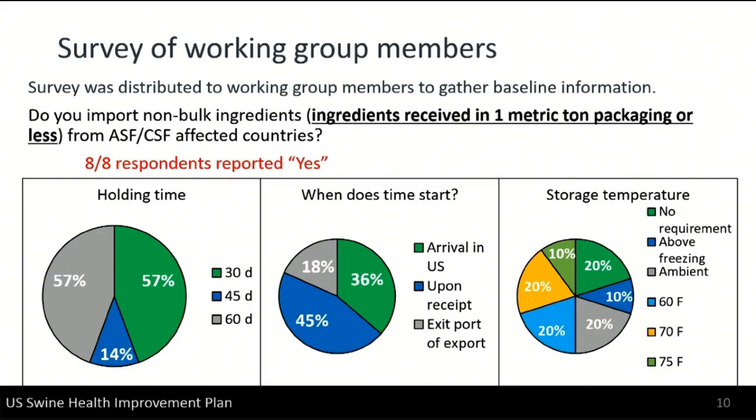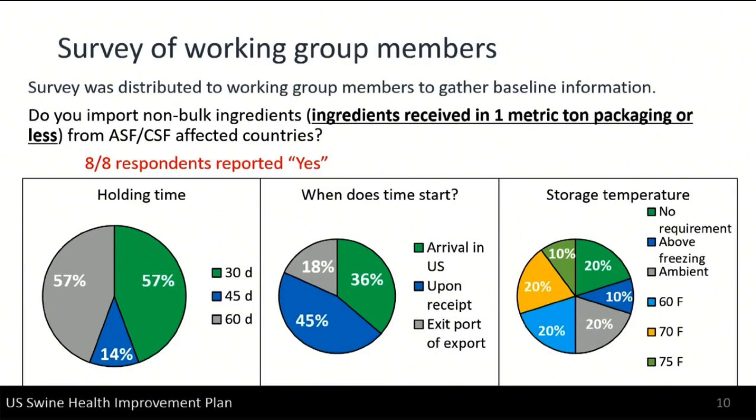An important part of that, and we'll get into a little bit of the data and our learning through that process, was that we wanted to get the perspective of those participants within the working group. So we distributed a series of surveys throughout the process, and one of the questions was asking those involved with feeding pigs, do you import non-bulk ingredients from ASF or CSF affected countries into the U.S.? This term non-bulk is a little bit ambiguous, but what we mean is anything packaged in 1 ton quantities or less.